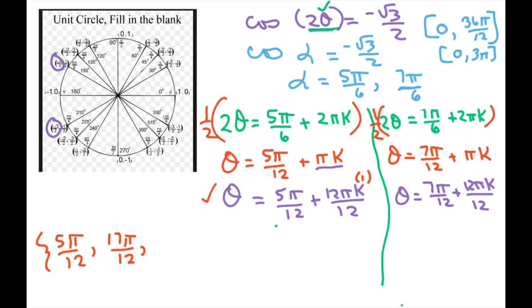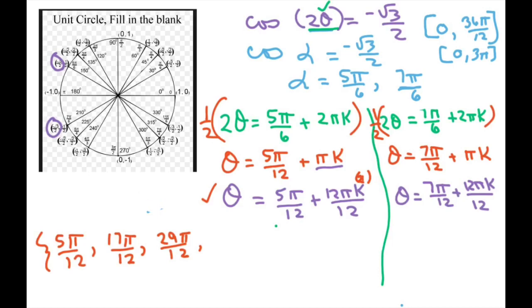Add 12 to 17. 12 plus 17 is going to be 29 pi over 12. That would be if k is 2. You're adding it again. You add 12 to 29. It's going to be too big. It's going to go to 41. So we can stop, because we only can go to 36.